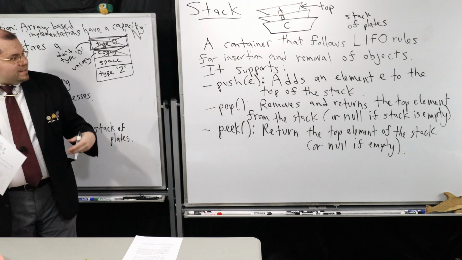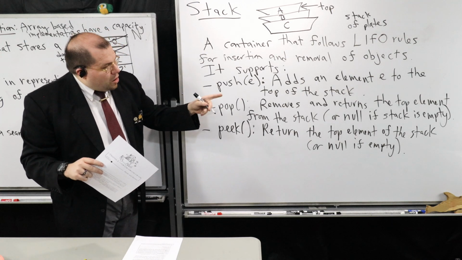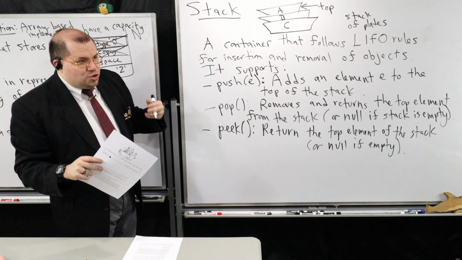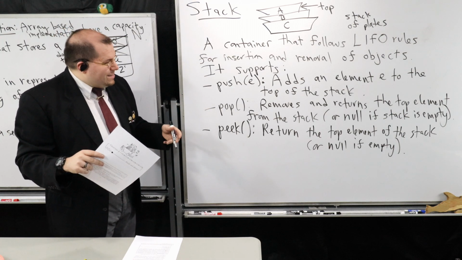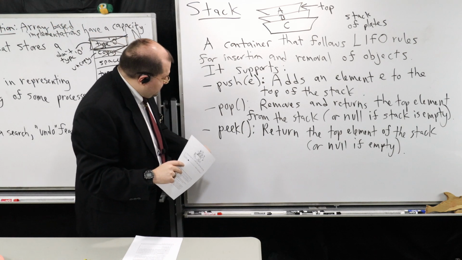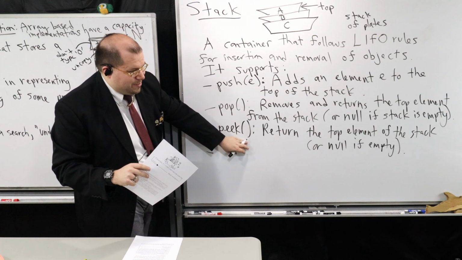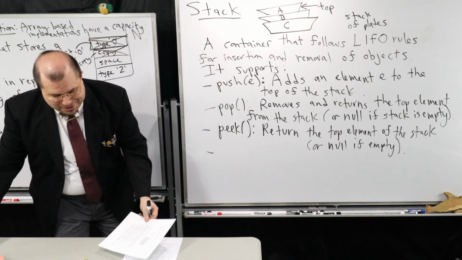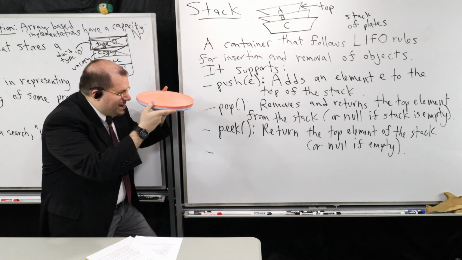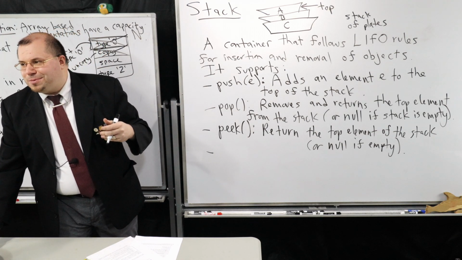Some people may give you a variant of this ADT where instead of returning null, it reports an error. That's perfectly fine; this is just one way of defining the stack. In peek, we don't remove the top element. We just keep it there and inspect it, like holding it at eye level and staring at it.